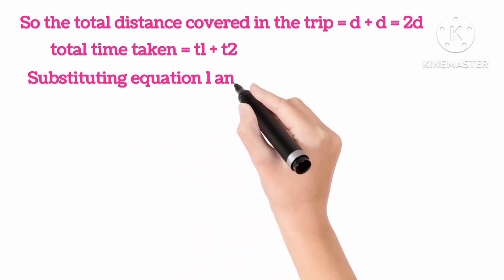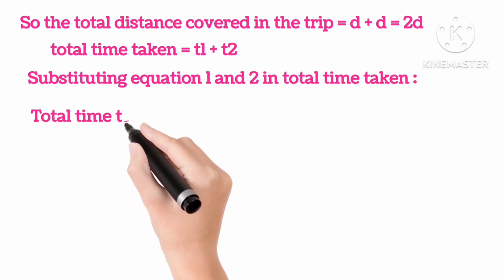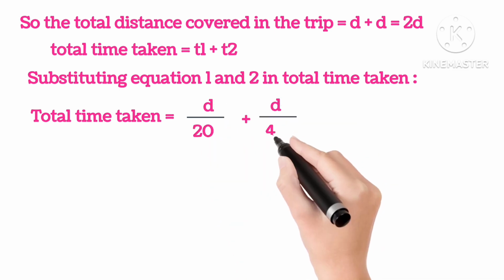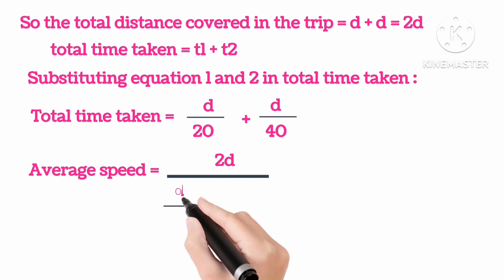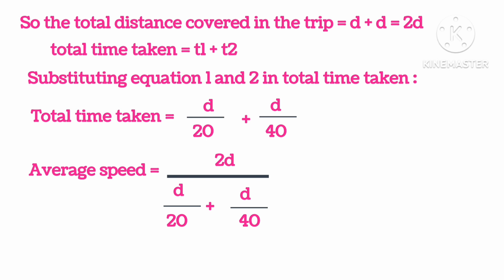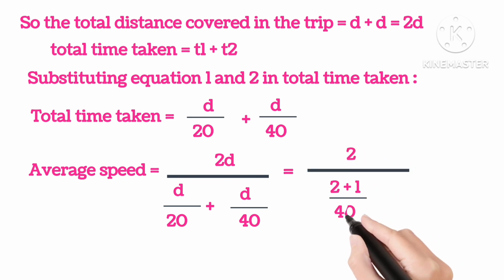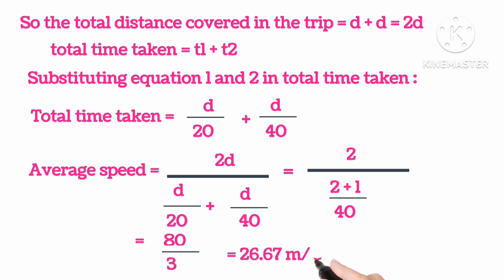Now substituting equations 1 and 2 in the total time taken, the total time taken will be d upon 20 plus d upon 40. Now average speed is total distance upon total time. Putting all the values, we get average speed is equal to 80 by 3, which is equal to 26.67 meter per second.